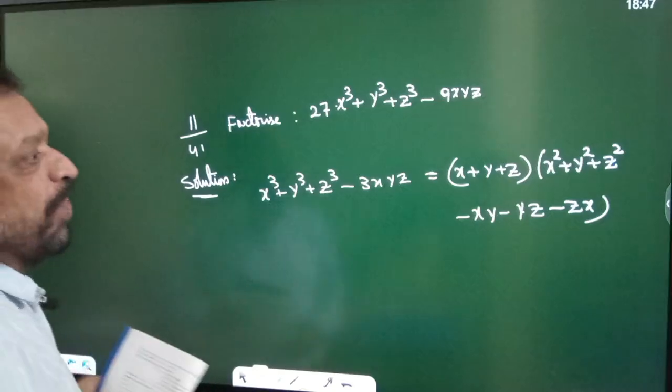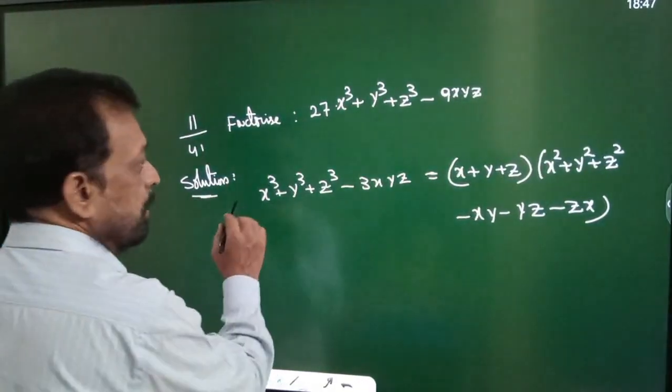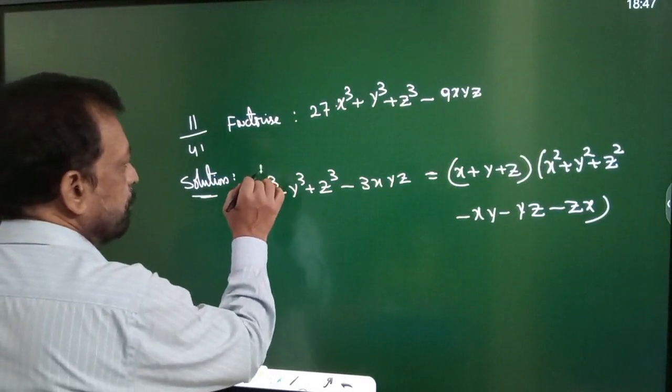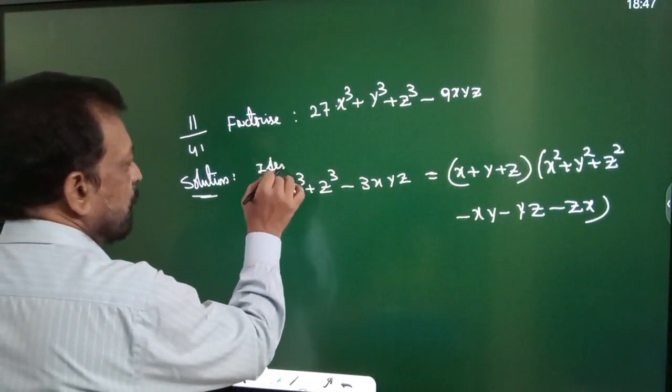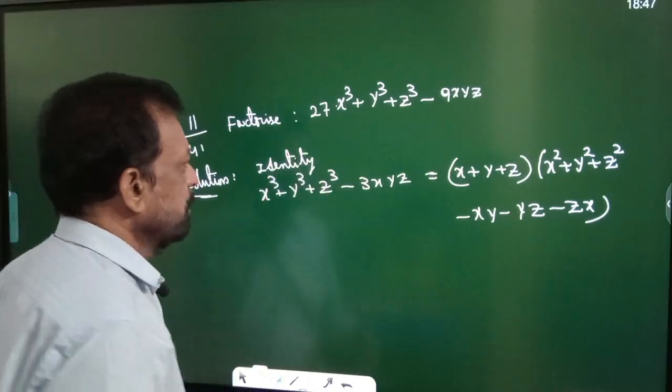So they are asking to factorize. So what is the identity? This is the identity, already given last class.